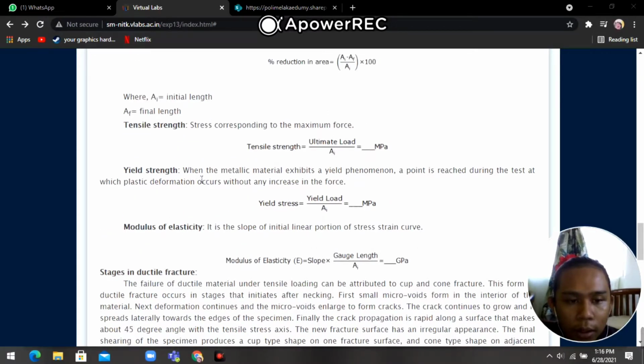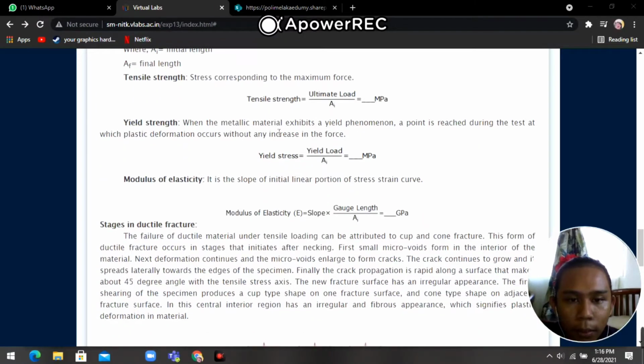Yield strength. When the metallic material exhibits a yield phenomenon, a point is reached during the test at which plastic deformation occurs without any increase in the force. Yield stress equals yield load divided by Ai, in MPa.